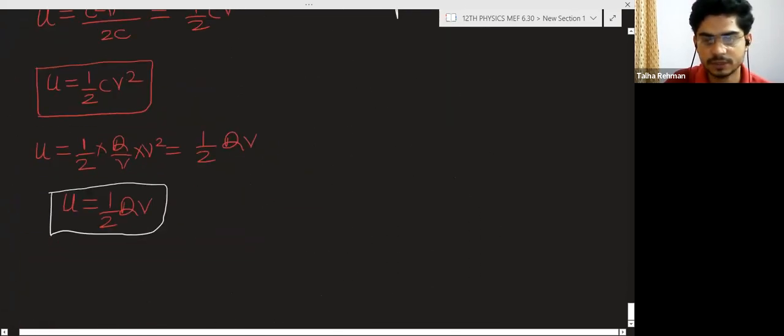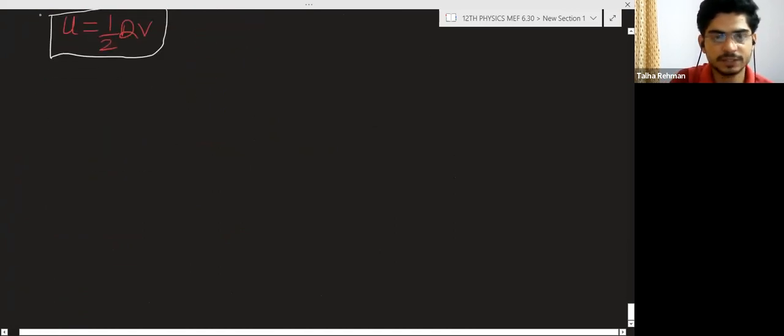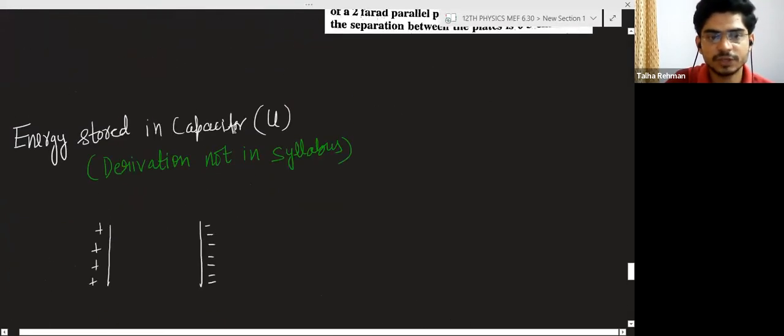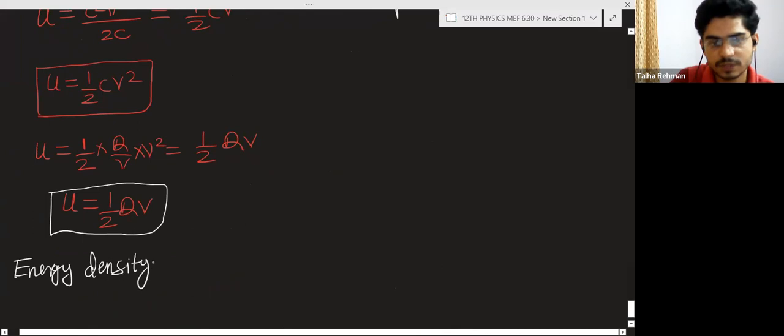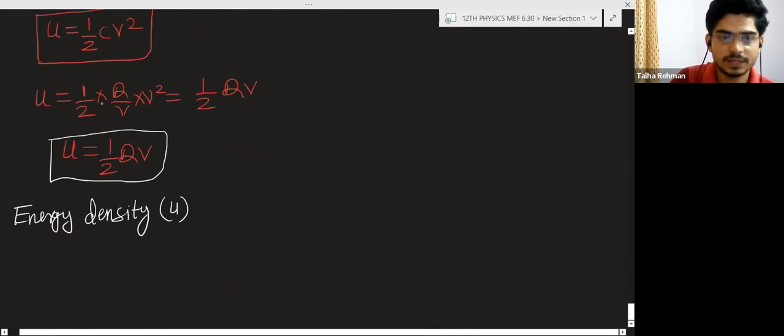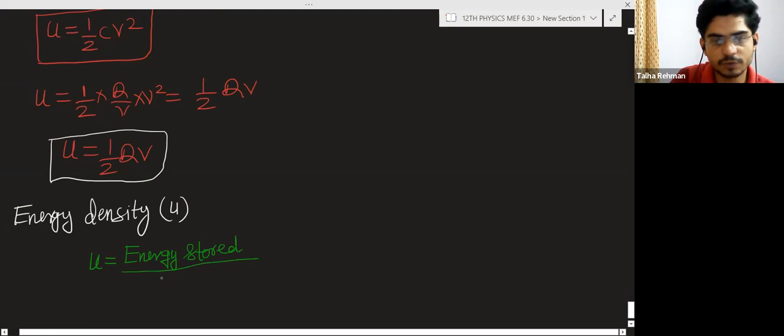Now the next term is energy density for parallel plate capacitor. Energy density is represented by small u. This small u is the energy stored in the capacitor divided by the volume of the capacitor.